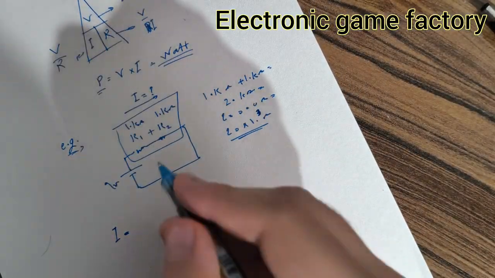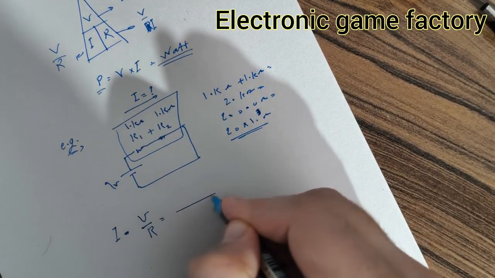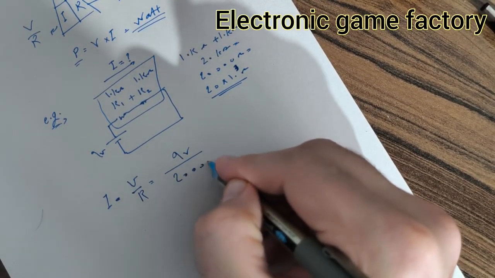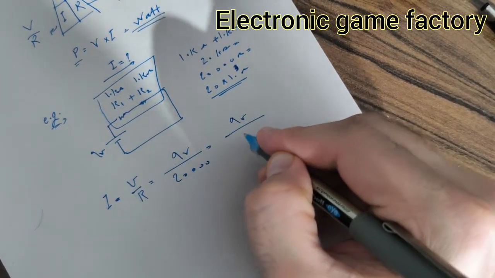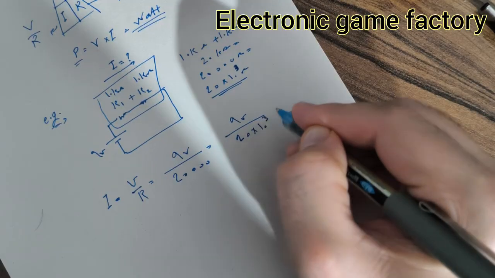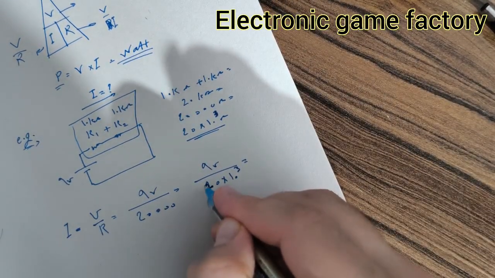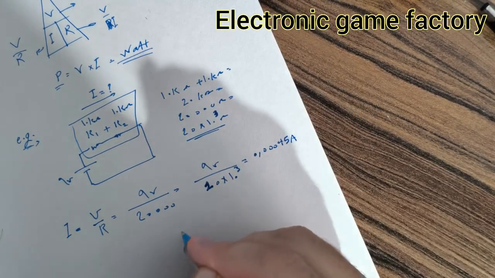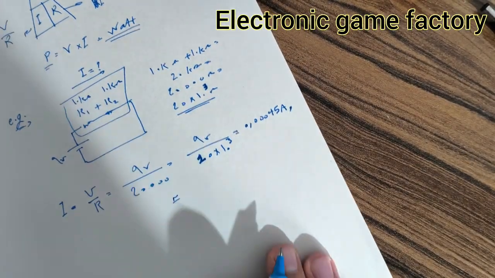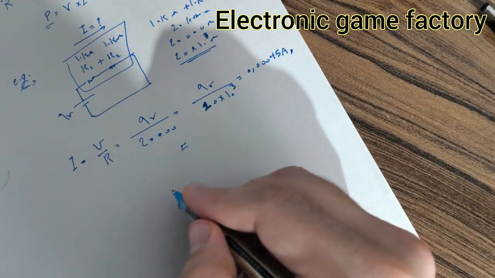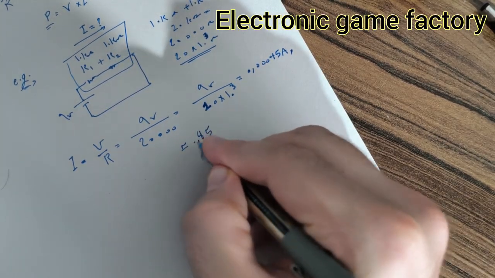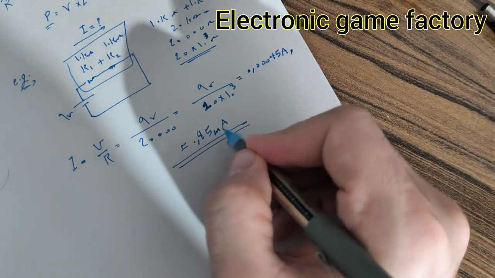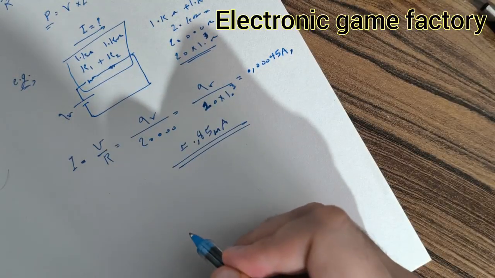V divided by R. So V is 9 and R is 20,000, or 9 over 20 times 10 to the power of 3, and the answer is 0.0045 ampere, or 0.45 milliampere.